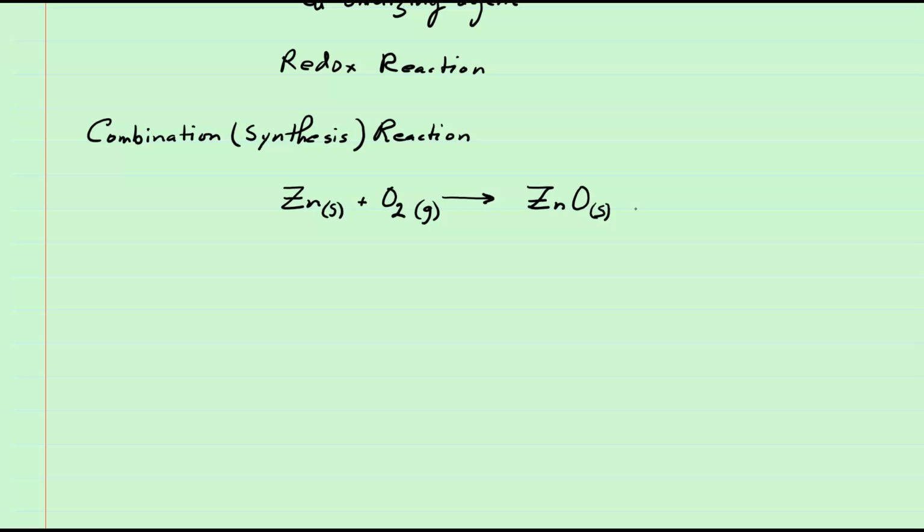Zinc oxide paste and zinc oxide cream. Now, in this case, of course, what we're looking at is a reaction between the metal, zinc, in its elemental form, and oxygen as the diatomic oxygen in its elemental form.